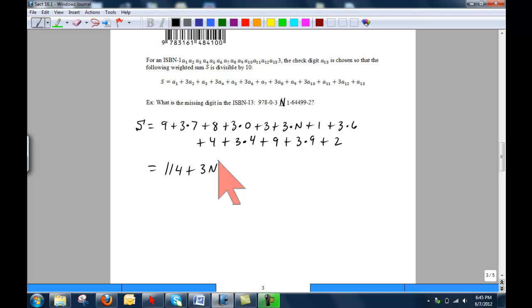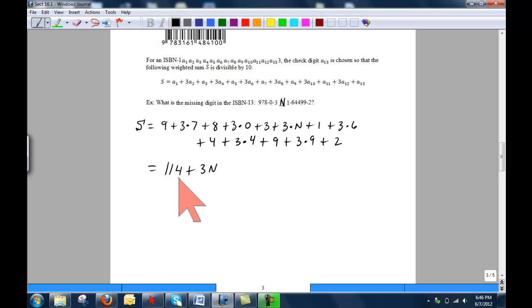And notice this is even easier. Maybe you thought the ISBN 10 was easy, maybe not. ISBN 13 is easy. To be divisible by 10 just means that the number ends in a 0, right? And numbers that end in zeros are really easy to think of. So I want this sum to be a number ending in 0.